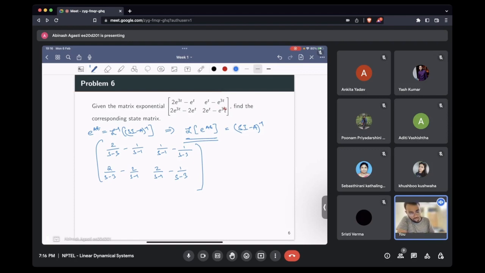Then we want to find out sI minus A. So this is now equal to (sI minus A) inverse.